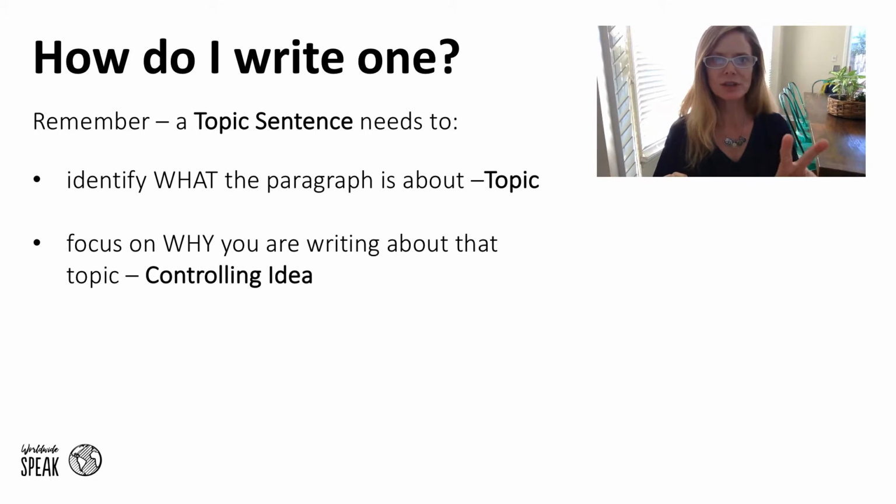So the two pieces are the topic and then the controlling idea. And what that does is it takes your topic or the subject and it narrows it down and focuses, so that we know that our paragraph is going to be contained to just one idea. So it's very focused and clear, and then there's no chance that our reader will become confused.